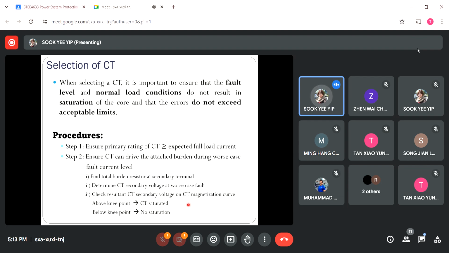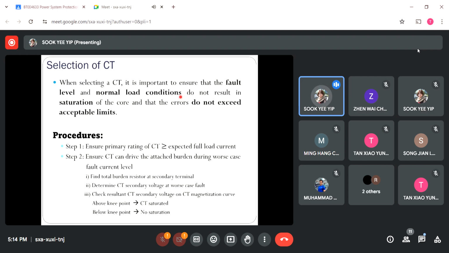It's also very important for us to ensure that the current transformer is able to operate under both normal conditions as well as fault conditions, all right? As we know, the current transformer is in series connection with the power line, right? It should be able to take the fault current value, and it should not turn into saturation mode, making sure the error doesn't exceed its acceptable limit.